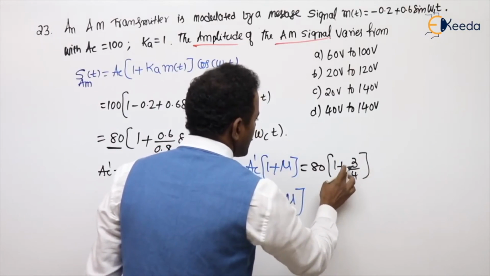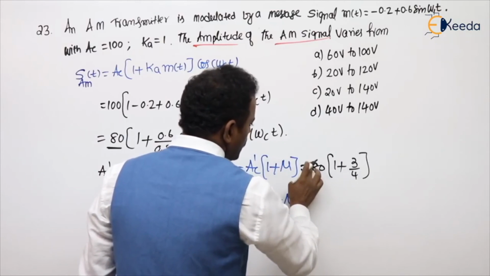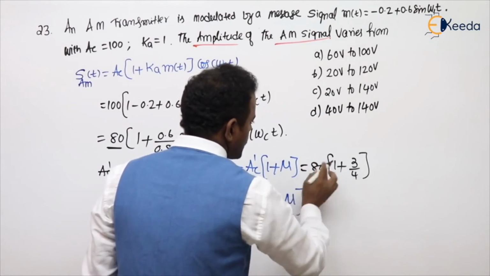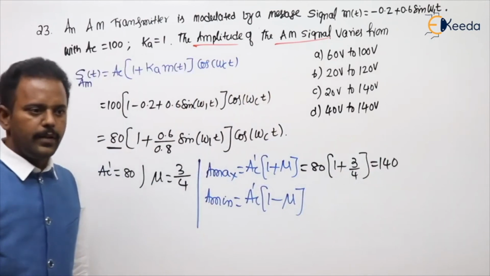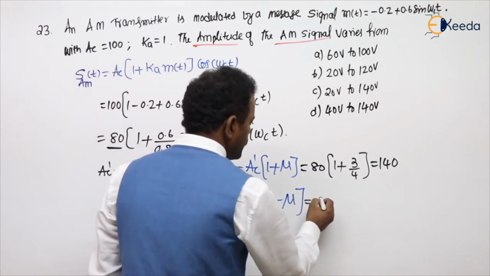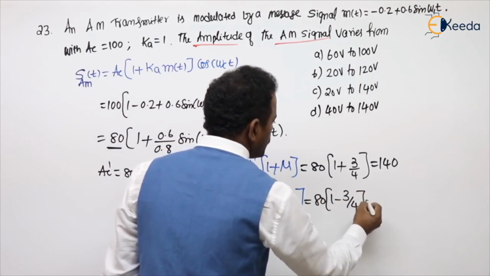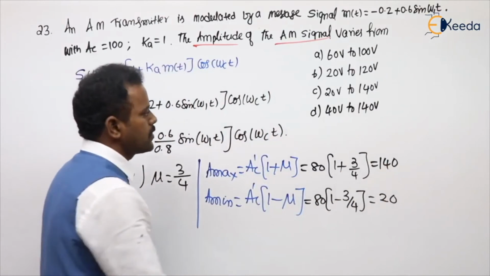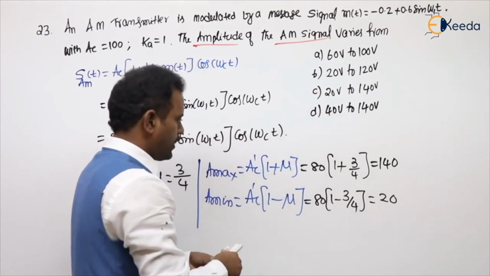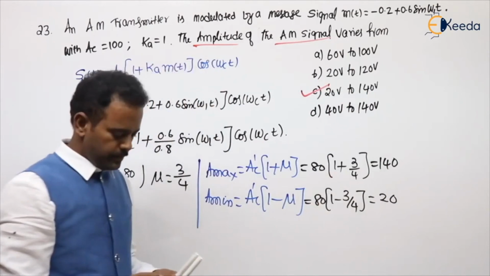So 4 plus 3, 7 by 4. 4 20s are 80, so 7 into 20 is 140. A max is 140. Calculate A minimum: 80 into 1 minus 3 by 4. So it will come as 20. Getting my point or not? So 20 to 140 means option C.